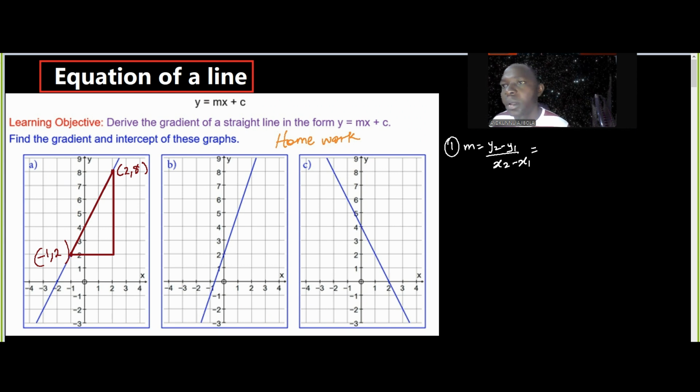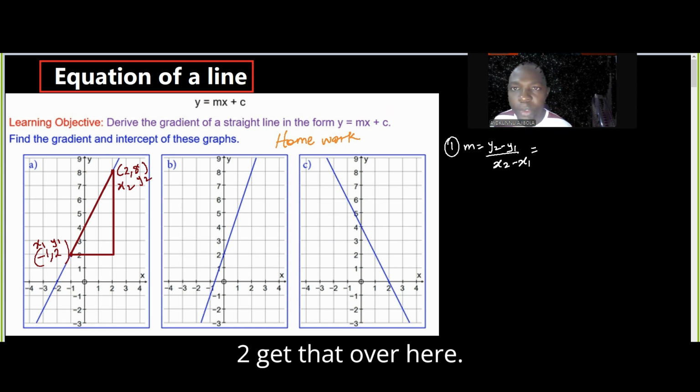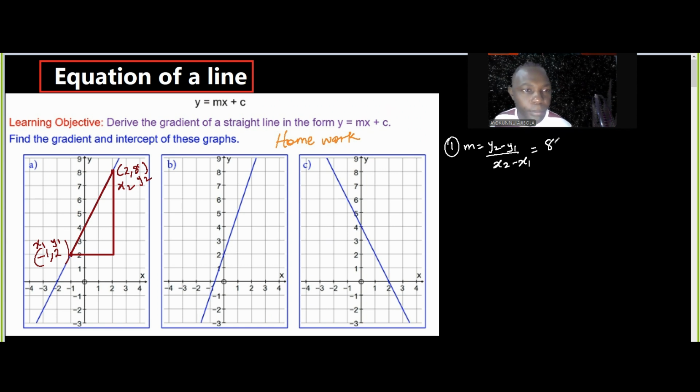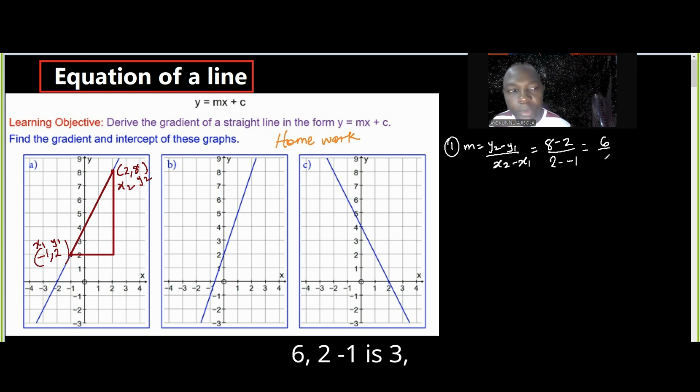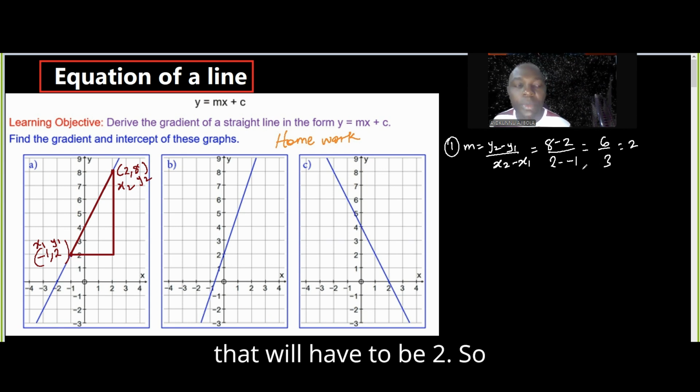So 8 minus 2, over 2 minus minus 1. 8 minus 2 is 6. 2 minus minus 1 is 3. There we have gradient to be 2.